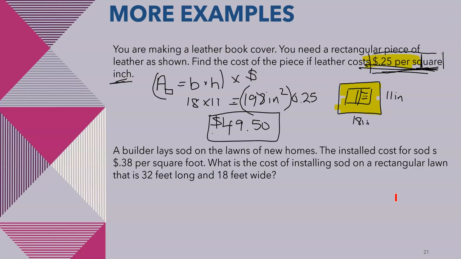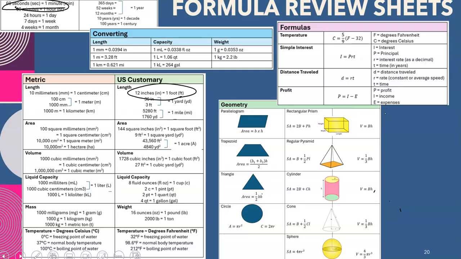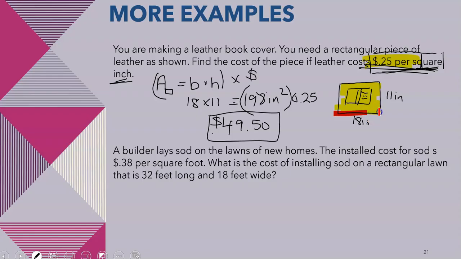In order to check this one, your best option is to round everything. So looking at the rectangle piece that I need, I have 18 by 11. I'm just going to go ahead and round to easy numbers. Quick way to check. Let's make 11, 10, and 18, why not 20?